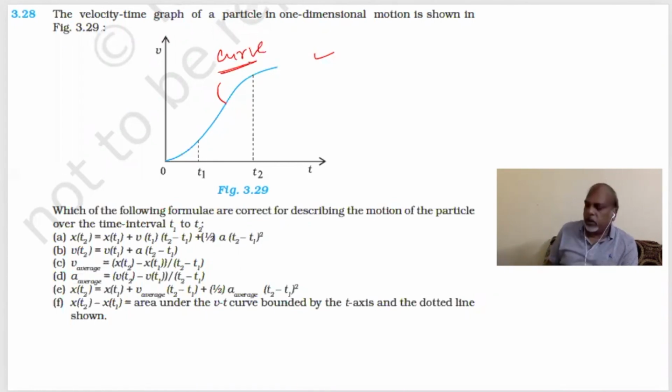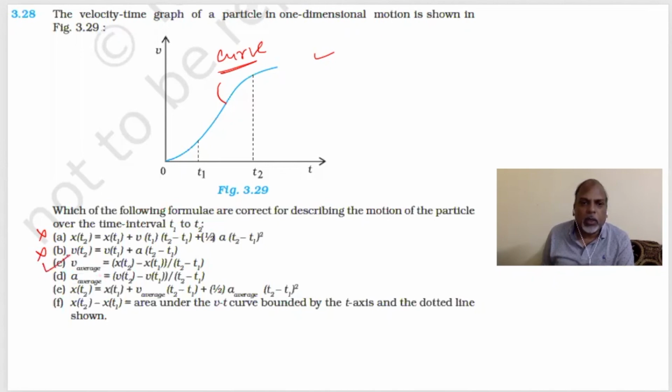That means the slope at every point is changing, meaning acceleration is non-uniform. So this equation is not valid. This is again not valid because acceleration has to be constant in both the equations.